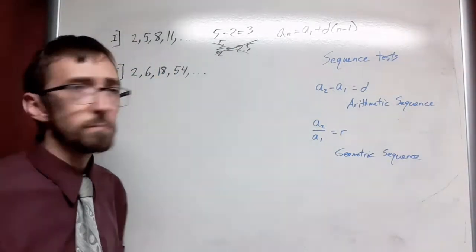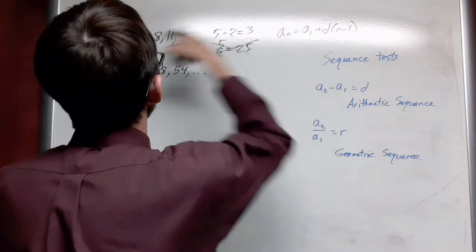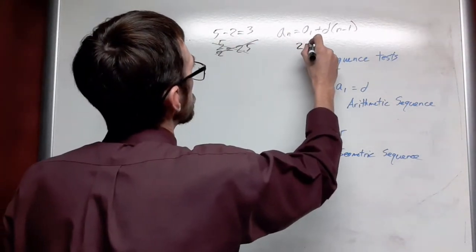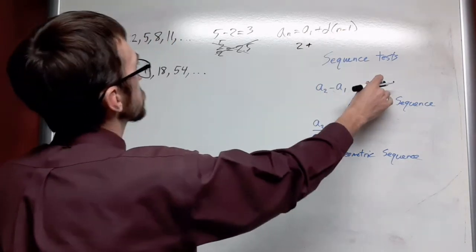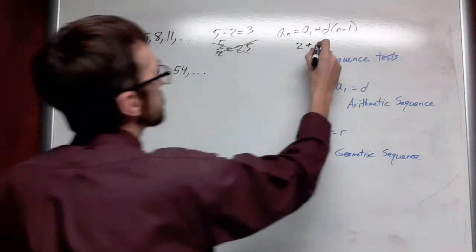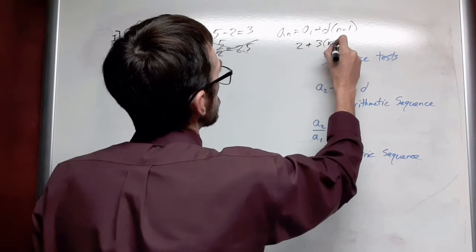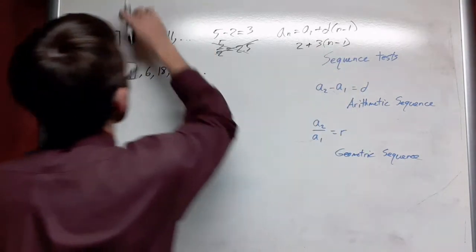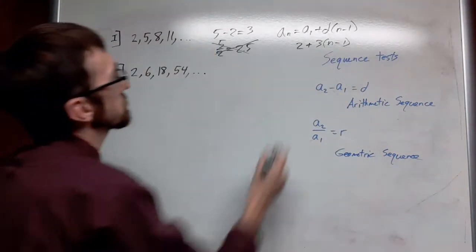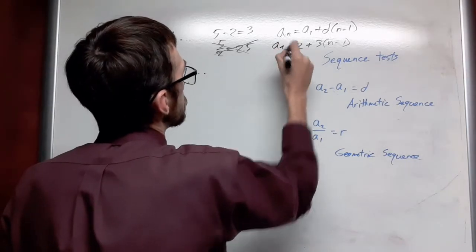That's our general form. And so our first term is 2 in this case. The d value is what we just calculated here. That was the 3. And n is going to be the term in the sequence. And this is a sub n.